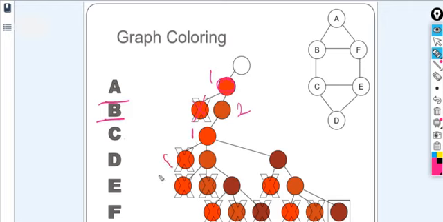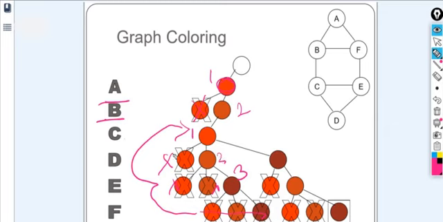For D, we cannot apply color number 1, so we tried color number 2. After applying color number 2 for D, we got stuck at F, because for E, color number 1 cannot apply, color number 2 cannot apply, color number 3 we applied, but for F we don't have any solution with color 1, 2, or 3. That's why we got stuck and did the backtracking here and came back.